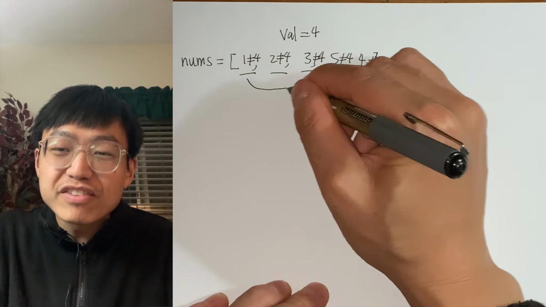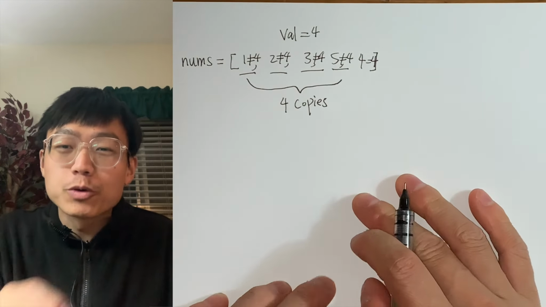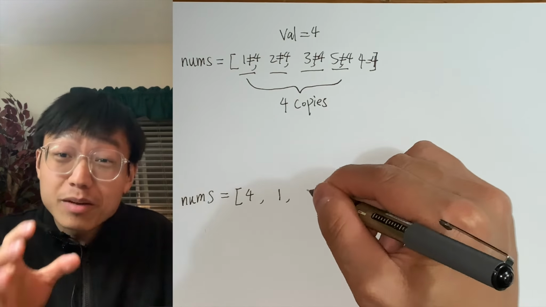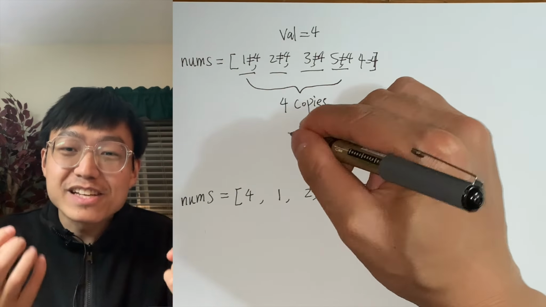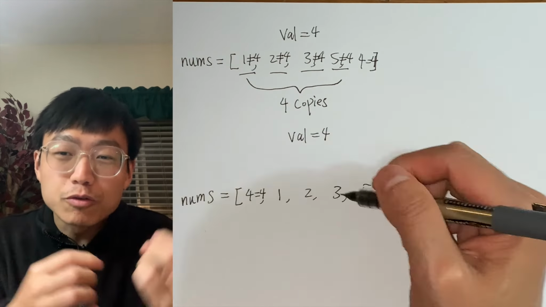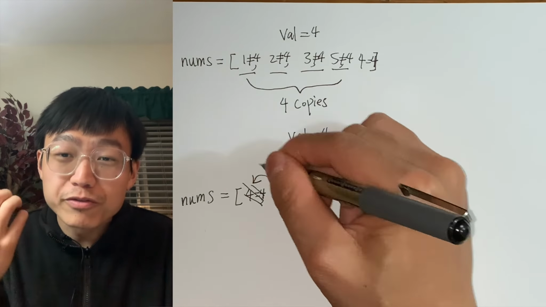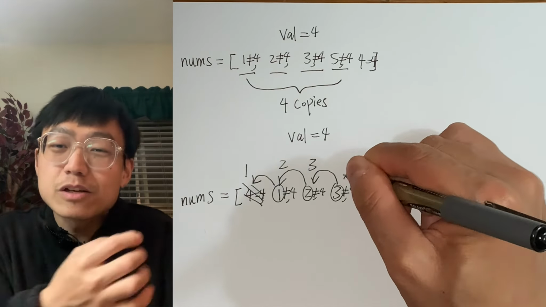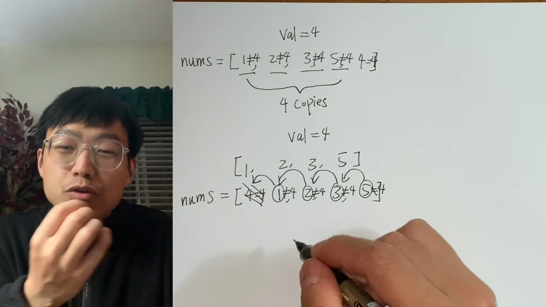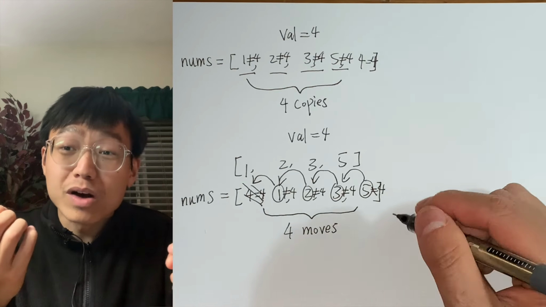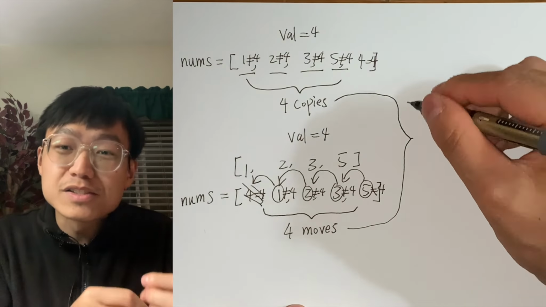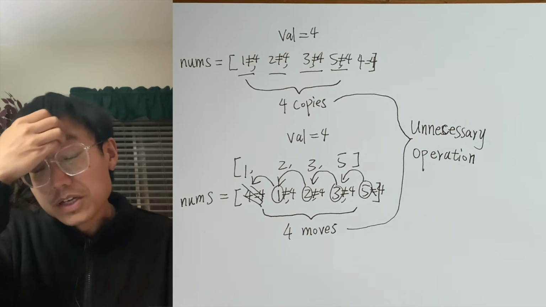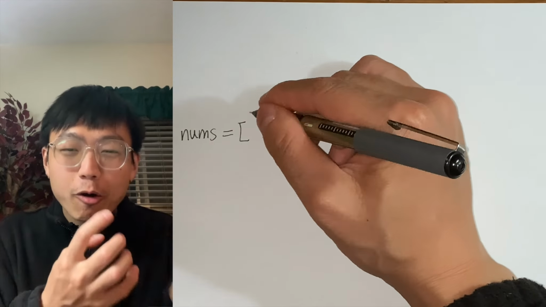So the previous algorithm will do unnecessary copy operations of the first 4 elements. Another example is nums equal to 4, 1, 2, 3, 5 and val is 4. It seems unnecessary to move elements 1, 2, 3, 5 one step left, so the order of the elements can be changed. So how can we realize this algorithm?